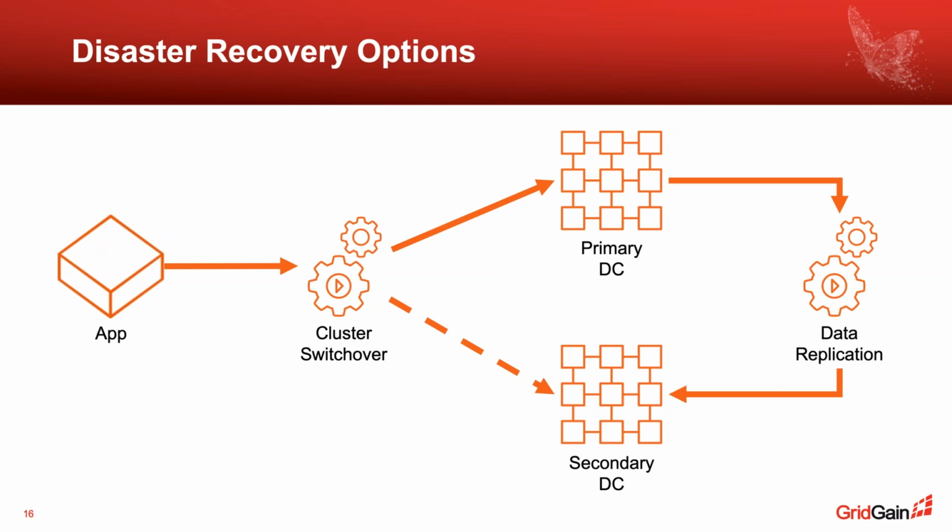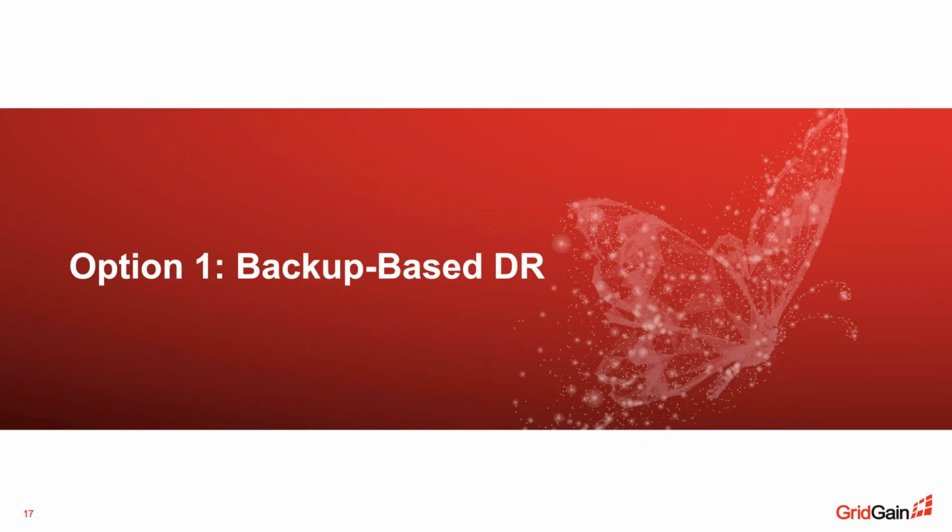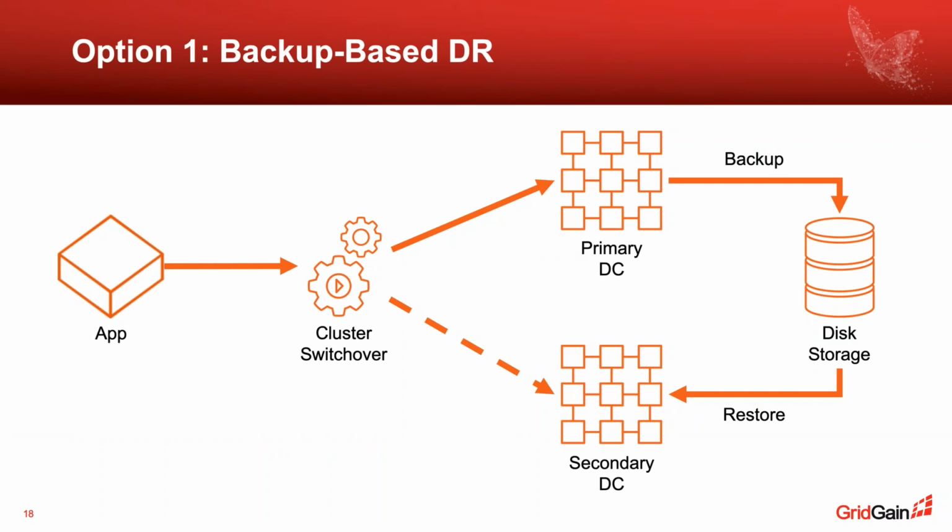And the first type of DR solution that is really the easiest one one can imagine, I think, is backup-based disaster recovery. So this is nothing new really. We take backups continuously from our primary data center.